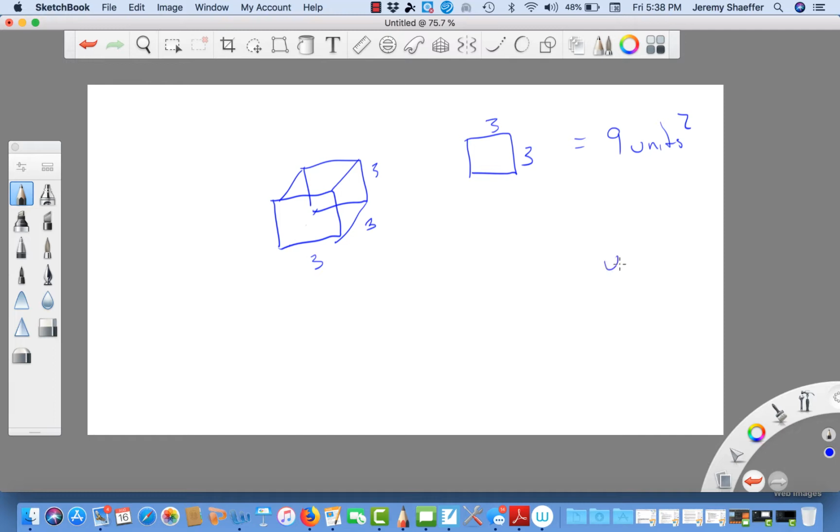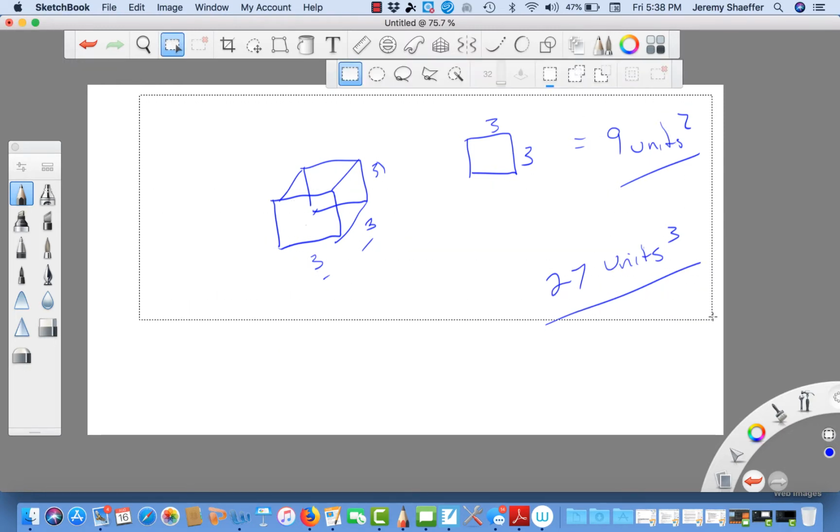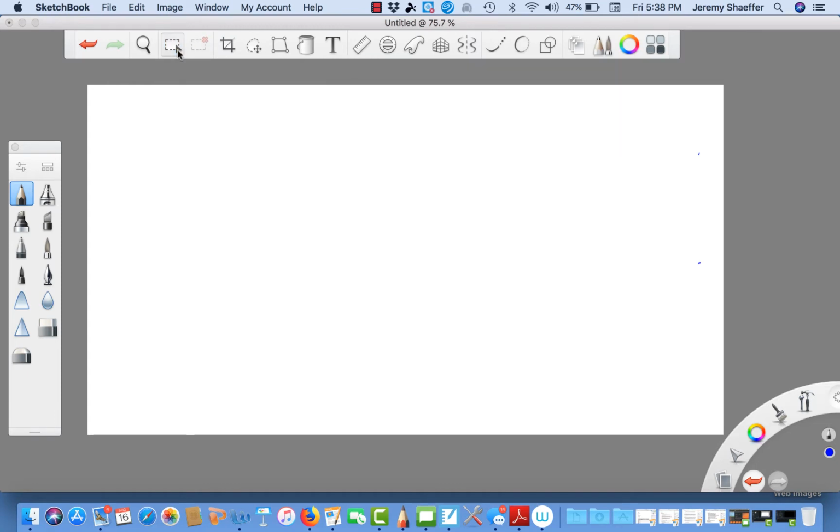That means we're going to have units cubed, because there are 3 values given to that. 3 times 3 is 9 times 3 is 27. So you can see that volume is way different than area, okay? Pretty simple, again, to understand and kind of revisit.